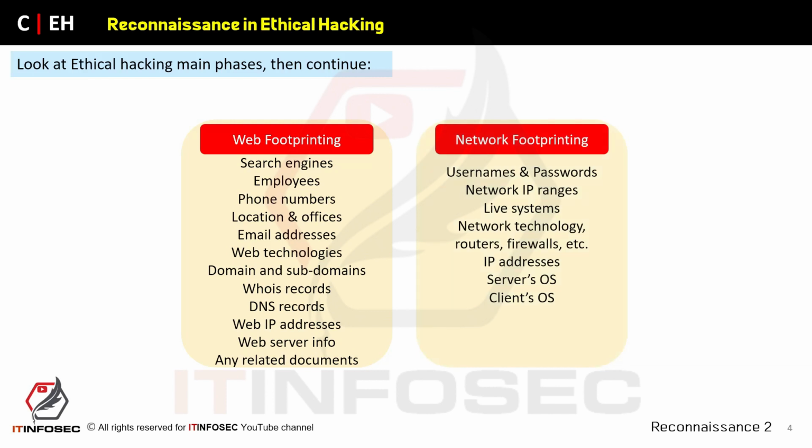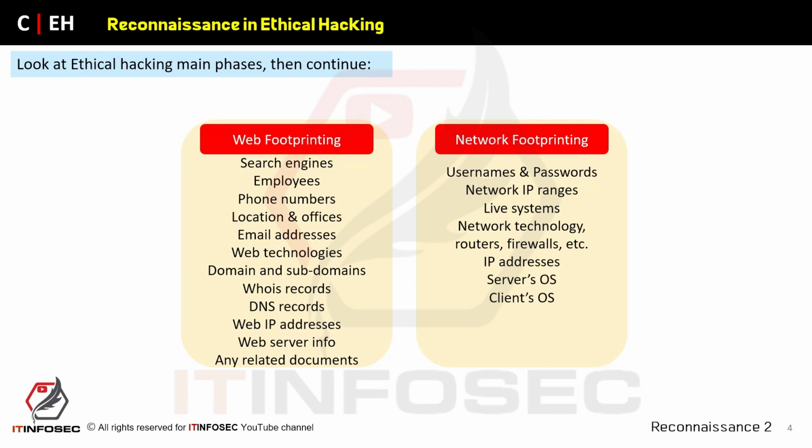For example, you may need to perform many phases of the ethical hacking process against web services or anything related to web, and maybe you perform many phases on network-based systems or targets.